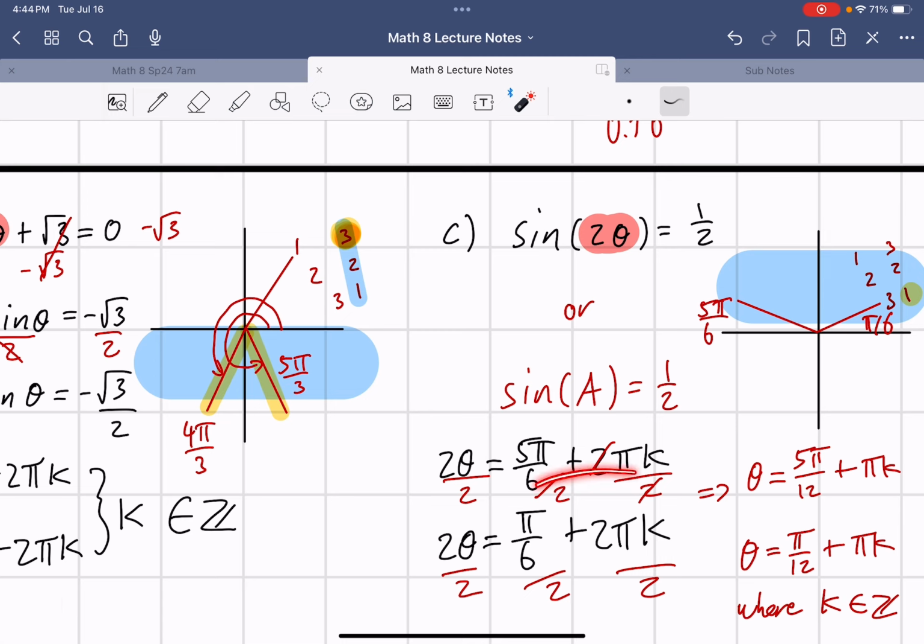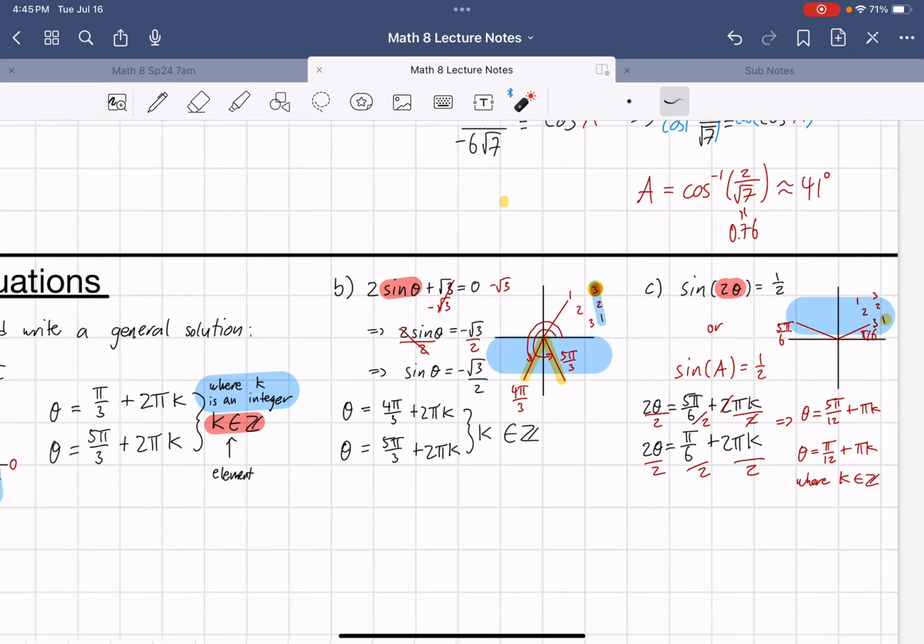So I set those two solutions equal to each other because I know this argument gives you 1/2, but I need this argument to give me 1/2 as well. So I set it equal and solve for theta. But I have to also apply it to my general portion. If this was not a general solution, then I wouldn't need to add this plus pi k that gets simplified in the problem.